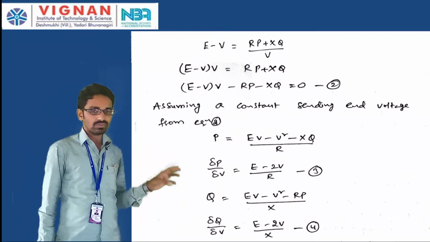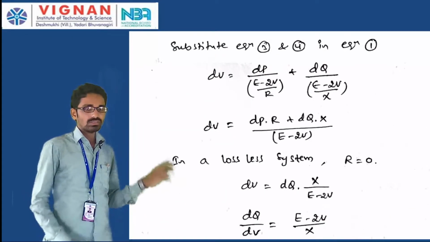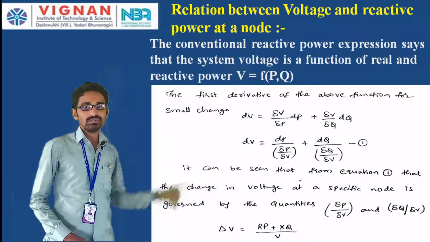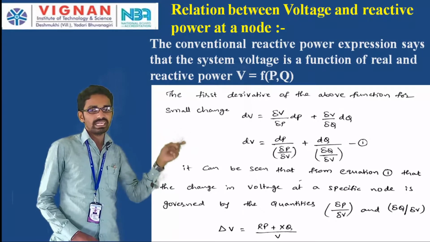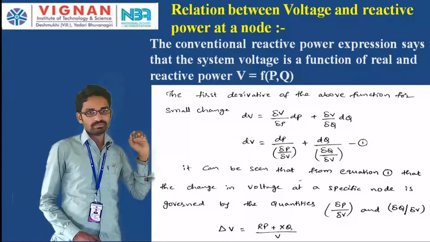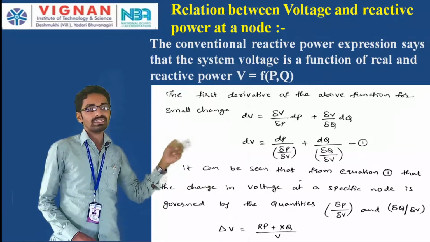We have two equations, equation 3 and 4. Substitute equations 3 and 4 in equation 1. Equation 1 is dV = dP (del P by del V) + dQ (del Q by del V). In place of del P by del V and del Q by del V, I am substituting equations 3 and 4.